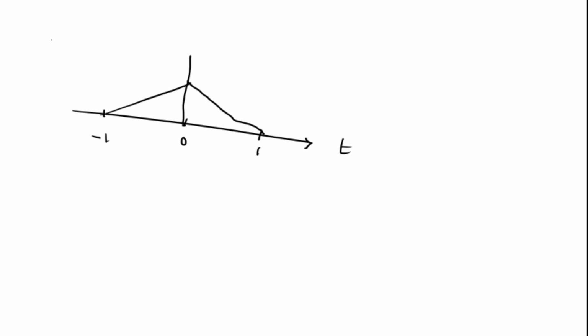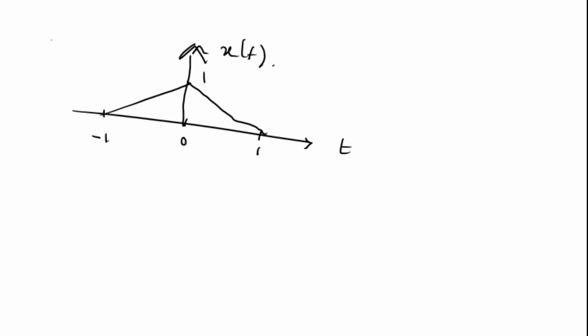The given signal is from minus 1 to 1, with amplitude 1, this is x of t.